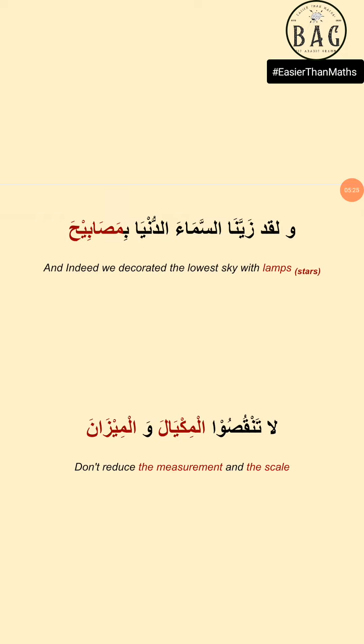So misbahun becomes masabiha. And of course this is a jar majroor fragment, as you can see. Since it is ghair munsarif, it is not going to carry a kasra in spite of being majroor. It's going to carry a fatha in its jar form too. So this was our first example.